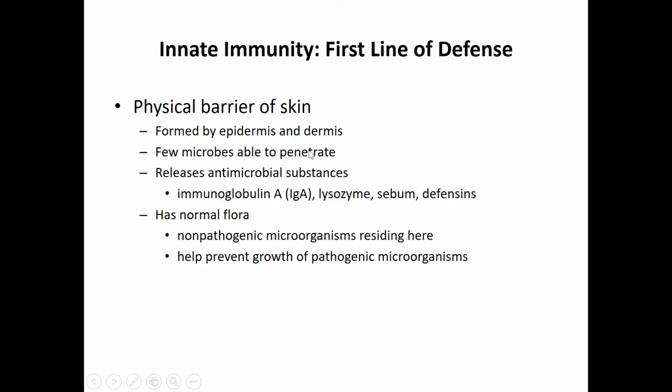Also, the skin, through secretions such as sweat, can secrete antimicrobial substances. Another feature of the skin is that it has normal bacteria growing on it, and those inhibit or slow down any kind of pathogen from growing on the surface of the skin.